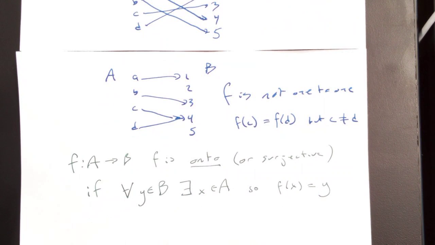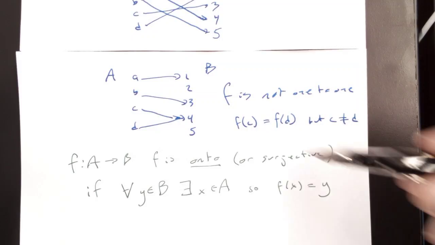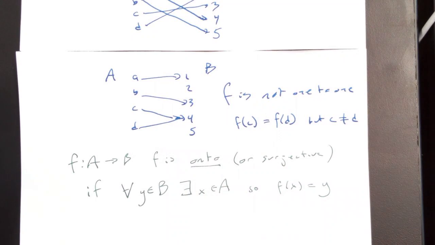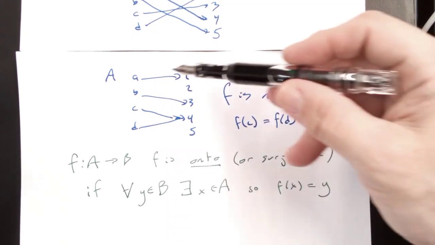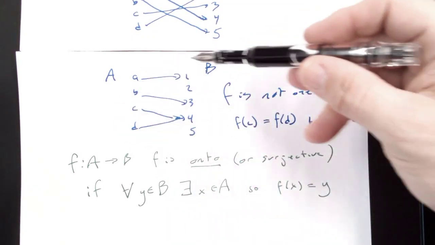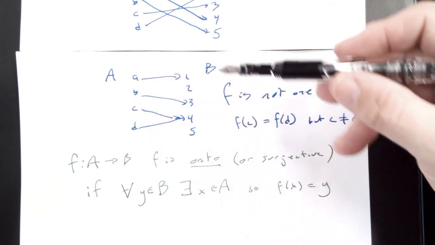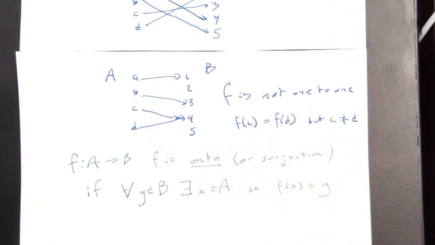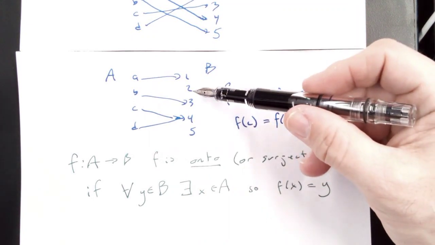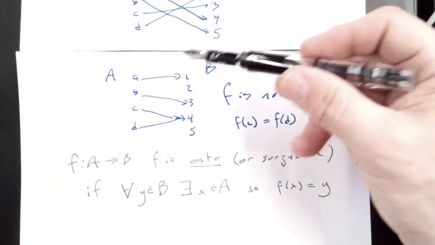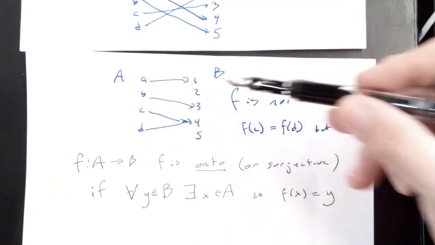Why? This function right here. Why is this not onto? Don? There's 2 and 5 that nothing hit. There's an element in my codomain that is not hit.